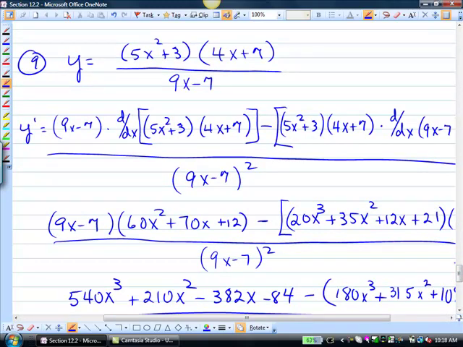All right. The thing you have to recognize is that this is a quotient with the top part of it being a product. So you have to think of it as a quotient first and then a product. So when you write your roadmap, and this is when it is important to write the roadmap, it'll help you. You have the bottom times the derivative of the top minus the top times the derivative of the bottom.